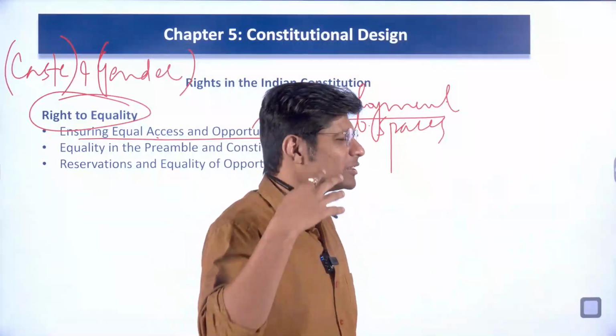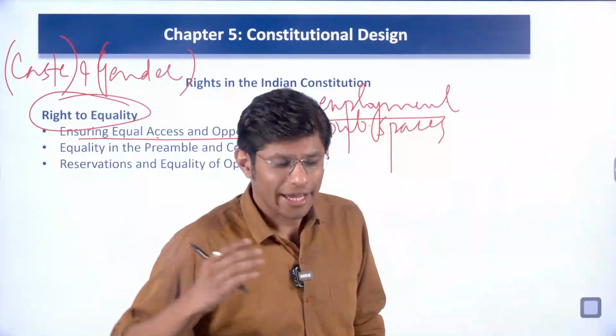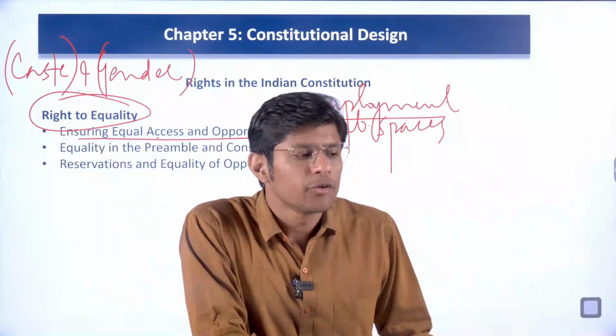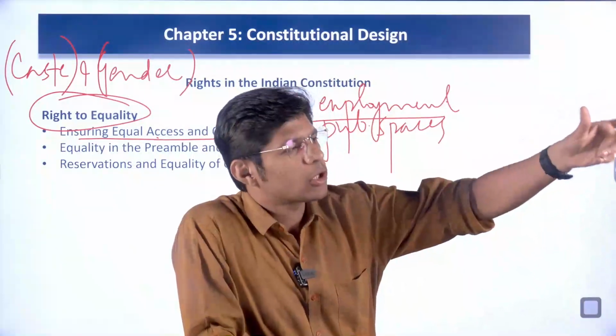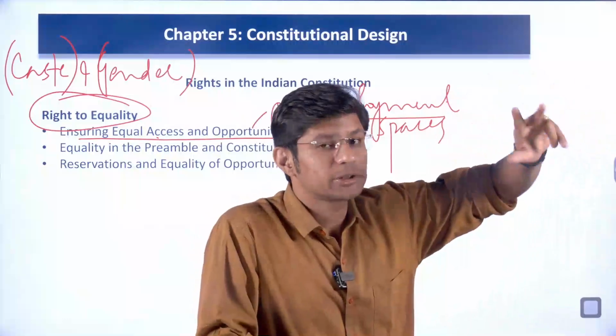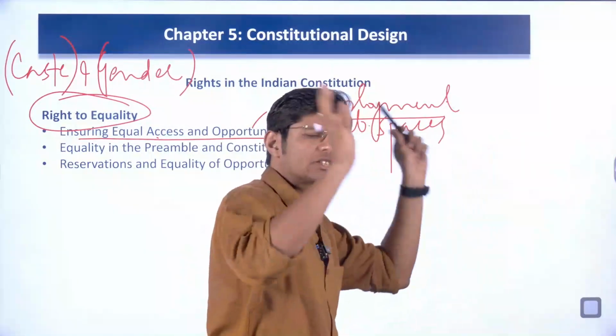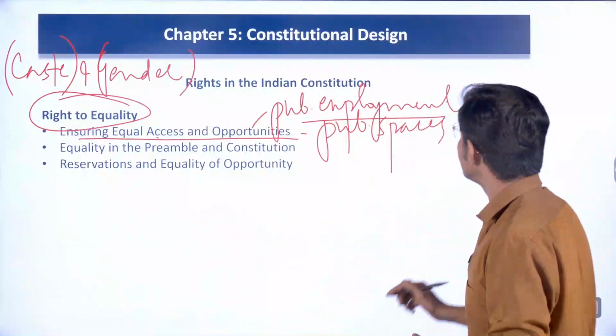Now we know that Indian society historically has practiced exclusion on the basis of caste, which means people of certain categories were not allowed or did not get access to education and government jobs. And one of the worst forms of inequality was untouchability.